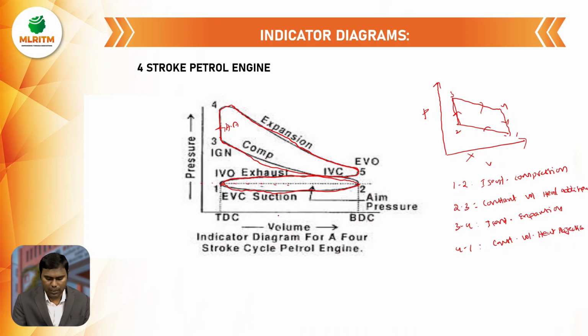Here we observe that the inlet valve is open in the suction stroke and closed after its completion, and the exhaust valve is open in the exhaust stroke and closed after its completion. Then ignition takes place at constant volume at the third point, and is completed at the fourth point. All these things are indicated properly in this diagram, so that is the reason we call it an indicator diagram.